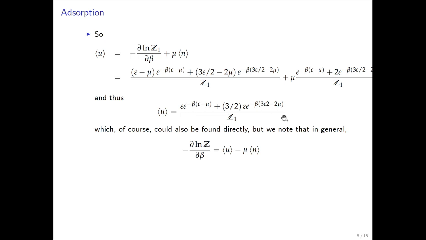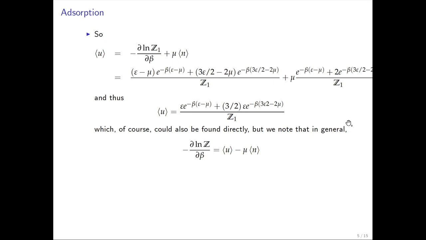And we see that a number of things in both terms cancel. So, for example, mu times this factor cancels this one, and so forth. What we're left with is exactly what we would have had if we had plugged this in directly with the probabilities times the value of energy, right?